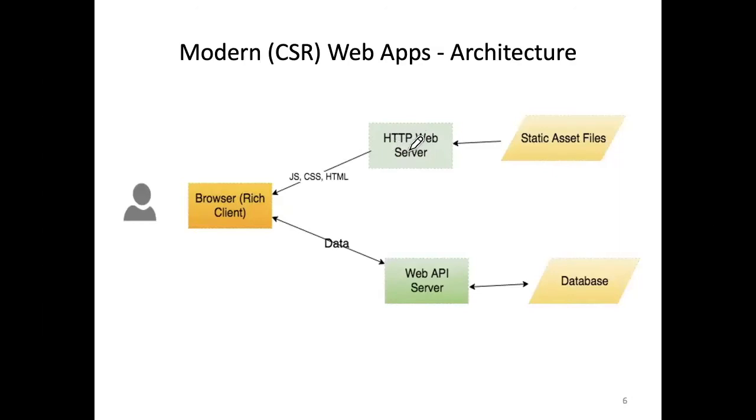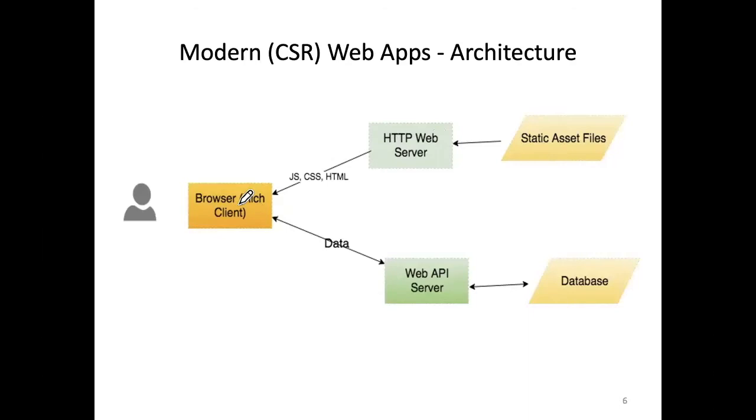And it is that server that contains the JavaScript and maybe some CSS and sends that JavaScript down to the browser. So now my browser has the JavaScript code that it requires, and it executes that JavaScript code.